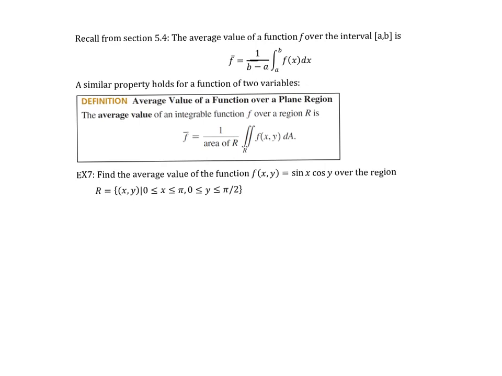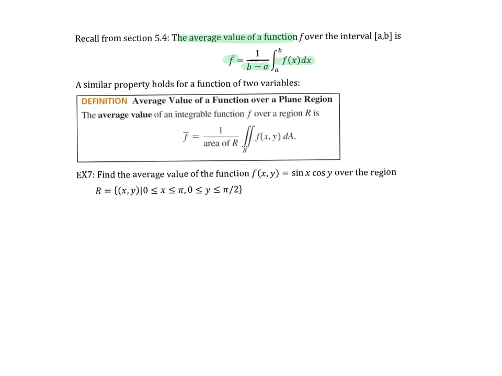It's the average value of a function. Recall when we look at the average value of a function, we use this f bar. And to find the average value of a function, all you're doing is taking the integral and dividing it by the length of the interval that you're integrating with respect to.